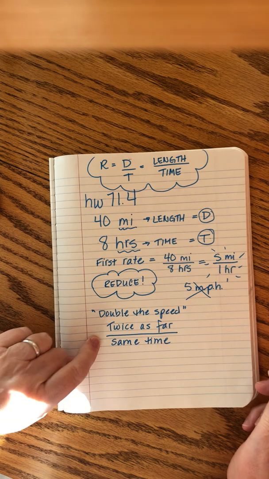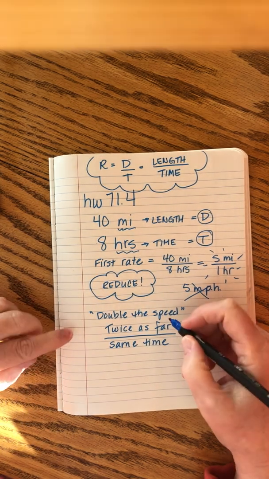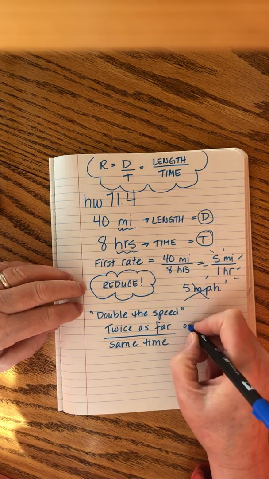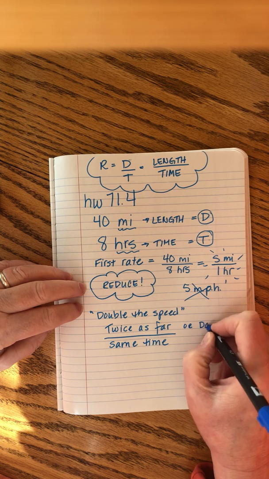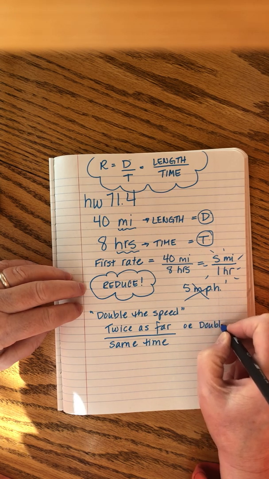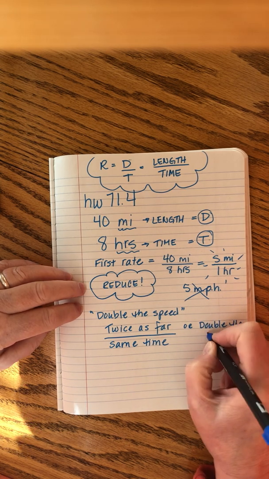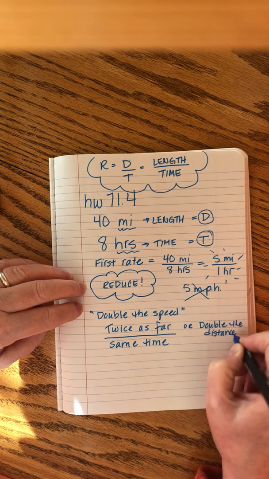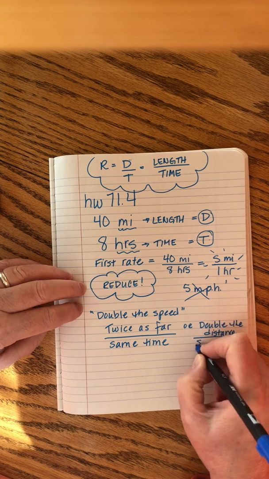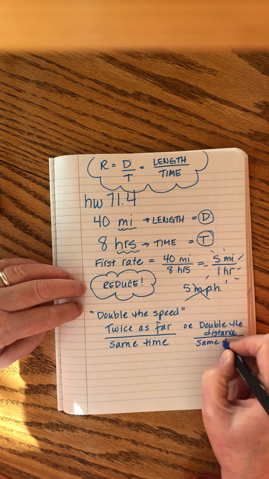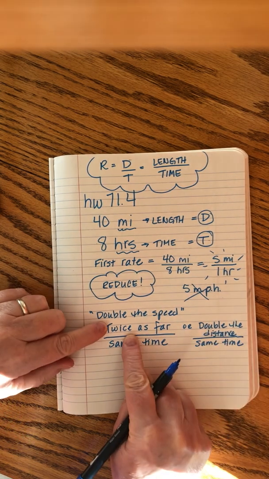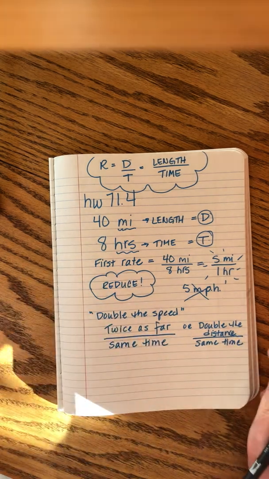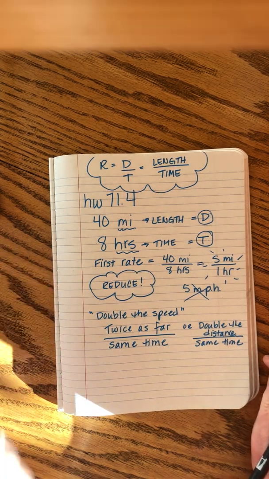That's the way we want to change our fraction. We want to double the distance. But we want the time to stay the same. Distance over same time. This is two ways of saying the same thing. Twice as far, double the distance. That's the same thing, okay?